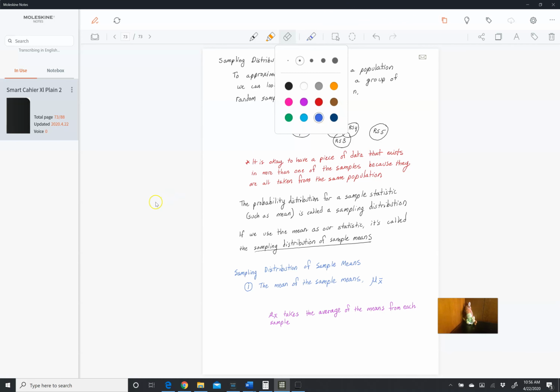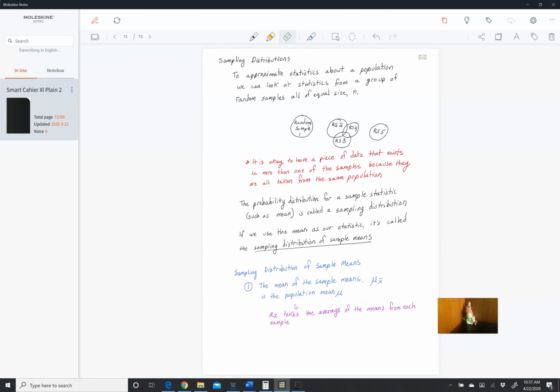What we were saying was the mean of the sample means, which we call mu x bar, is the population mean. So mu x bar takes the average of the means from each sample, and when we do that, that's really the mean of the population.